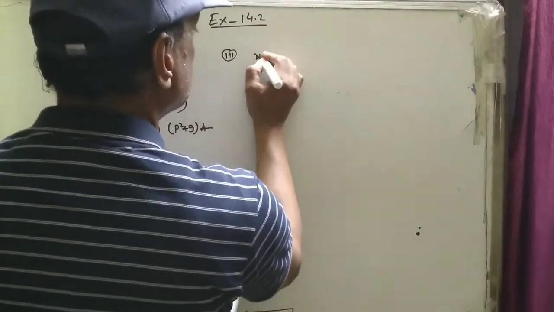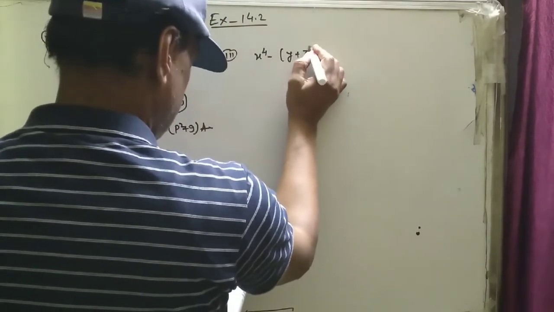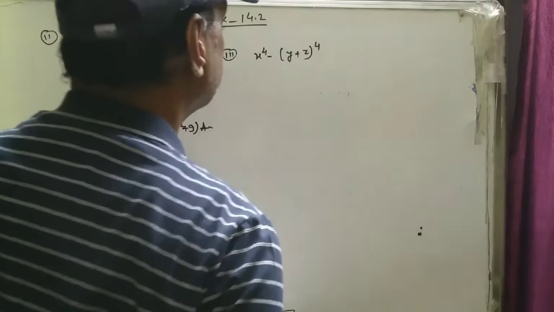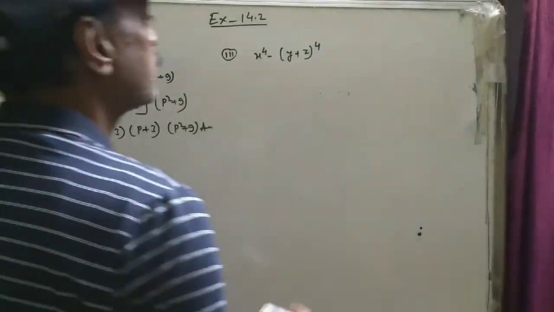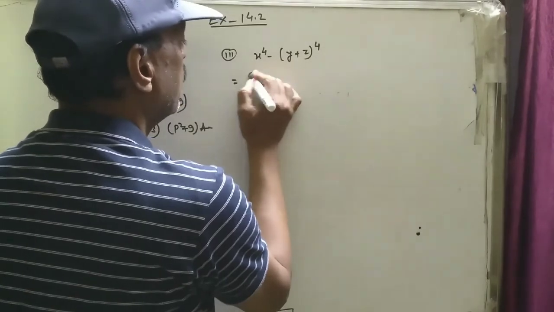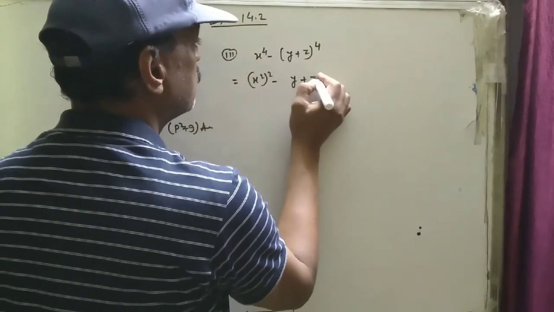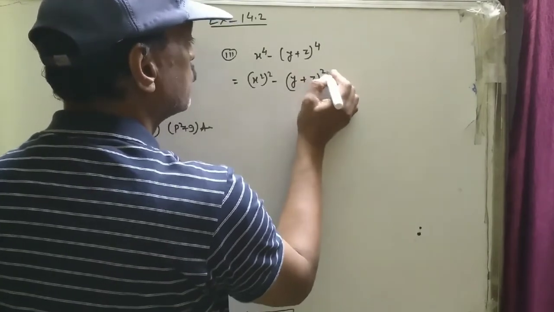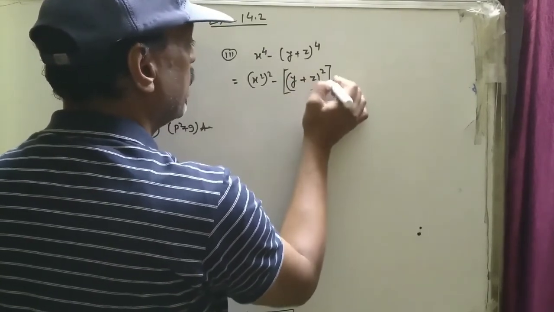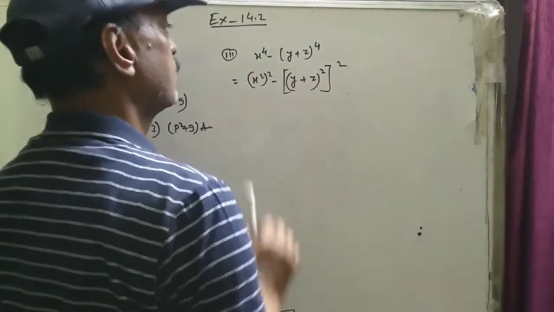x to the power 4 minus y plus z to the power 4. So let us do this question. Break this one. x square whole square minus y plus z square and then square like this, because the power is 4.